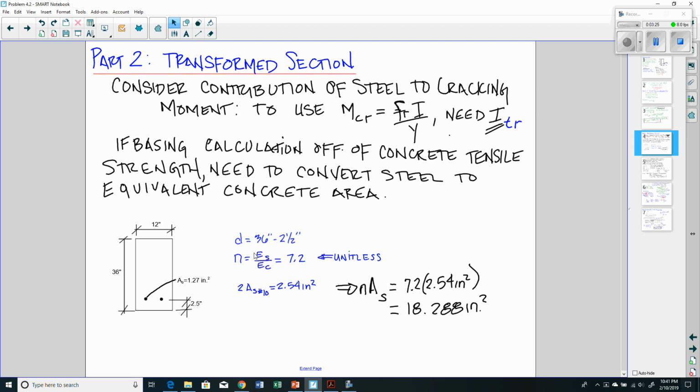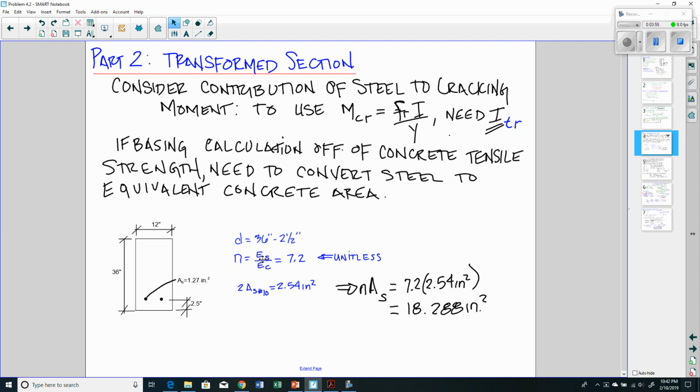This is equal to n times the area of bars. In this problem, we have two number 10 bars. The area of each is 1.27, so two of those gives us an area of 2.54 inches squared. Our transformed area of steel is n times As, so it's 7.2 times 2.54, which comes out to be 18.3 inches squared.